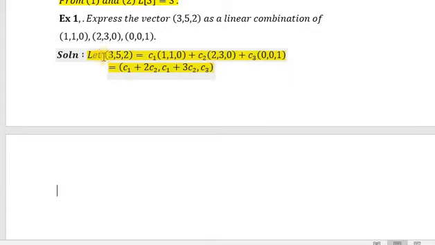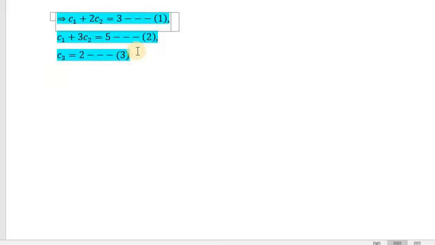Now by comparing the LHS and RHS, we get c1 plus 2c2 equals 3, c1 plus 3c2 equals 5, and c3 equals 2.